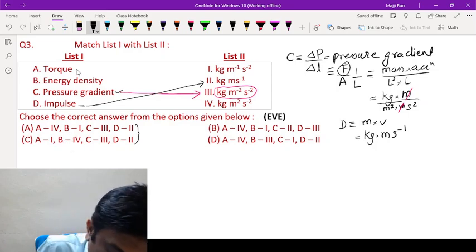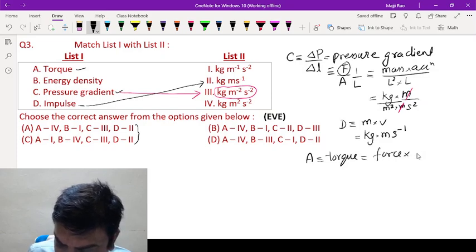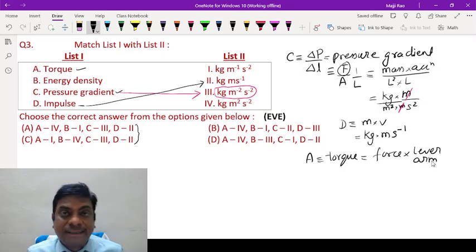Okay, so let us go for A, that is torque. Now torque is equal to force into lever arm. Lever arm is just a distance or displacement, you can call it: the distance of the line of action of force from the point about which torque is being measured.